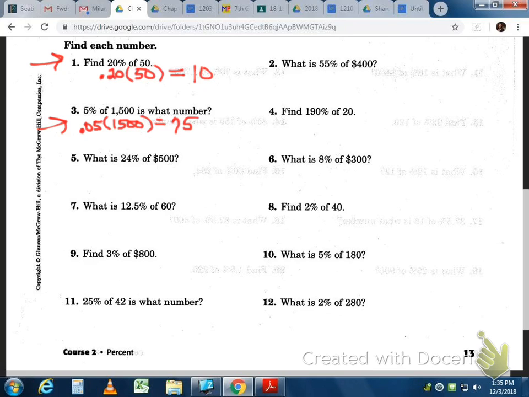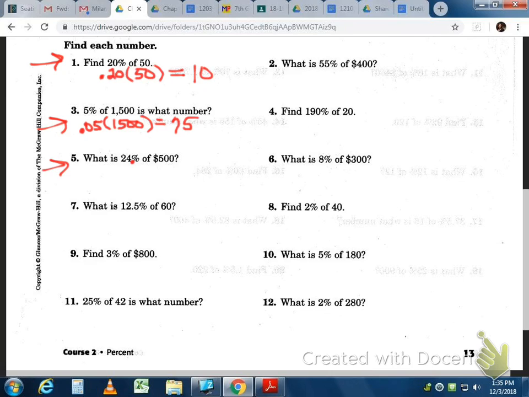What is 24% of 500? Somebody that hasn't done one. What's 24% as a decimal? Caden. 24. Where's your decimal? Right now it's 24%, and the decimal is right here.